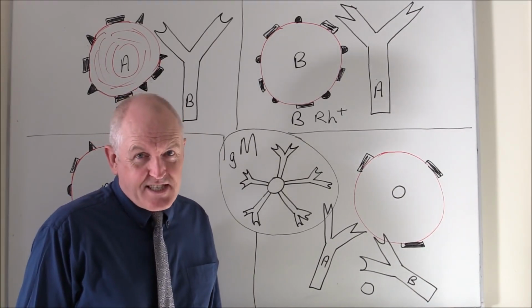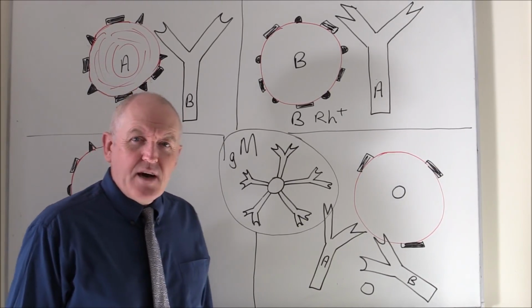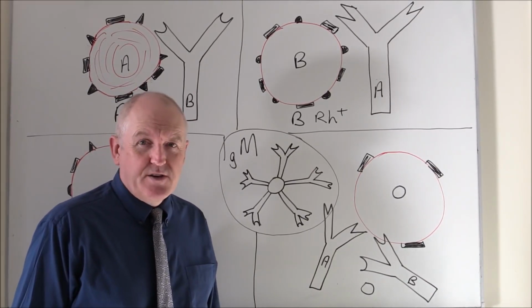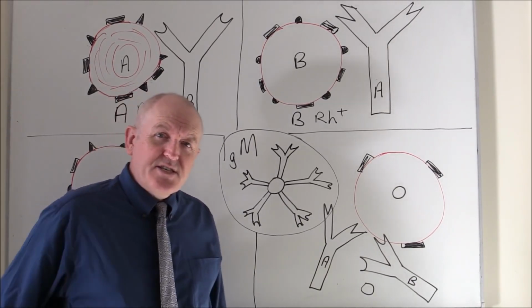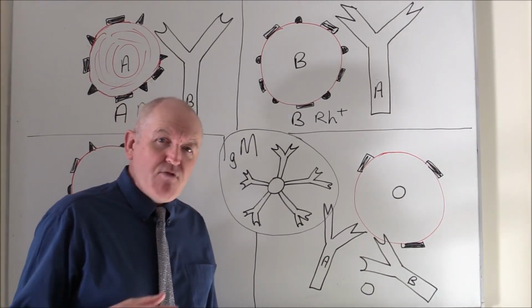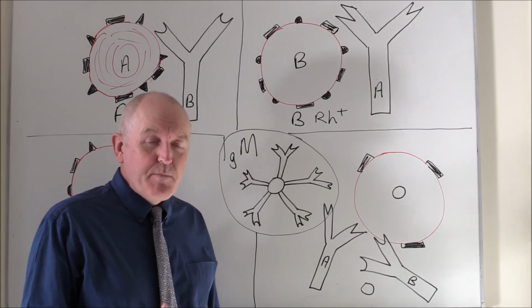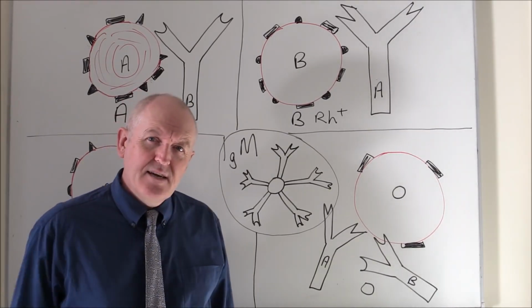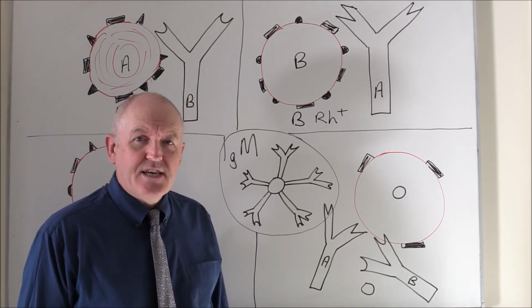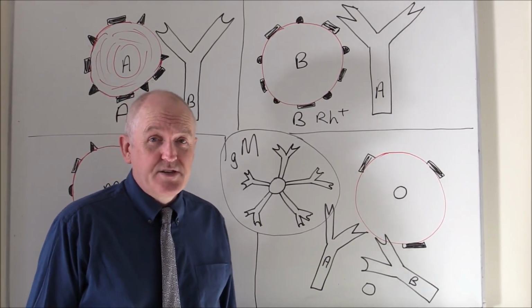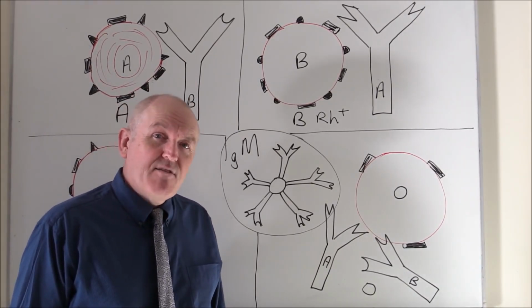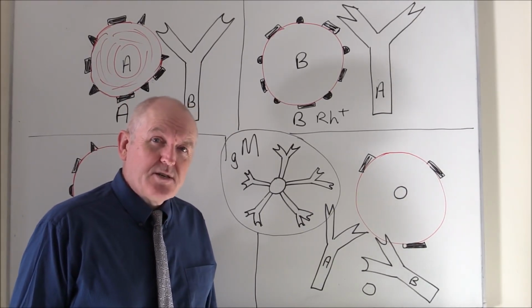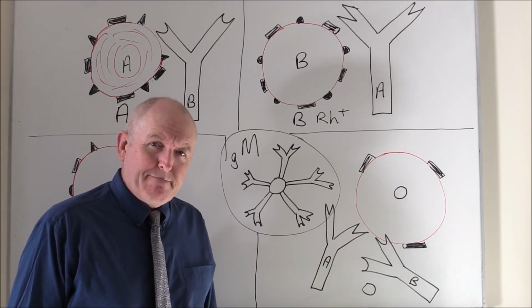So if someone's Rhesus negative and they are exposed to Rhesus positive blood, even on one occasion only, because this D Rhesus factor is very antigenic and immunologically stimulating, then after that person has been exposed to Rhesus positive blood, from then on they will have Rhesus factor antibodies in their plasma.